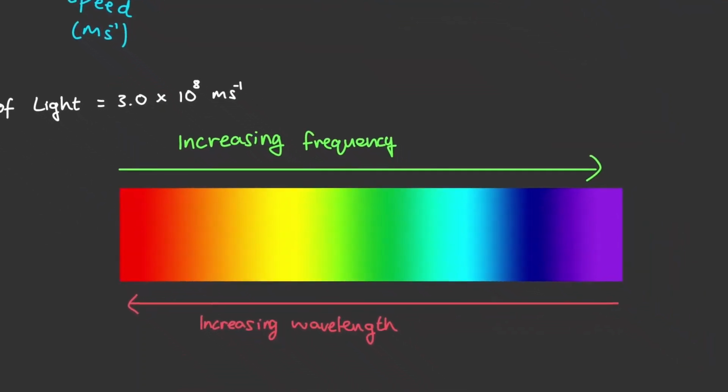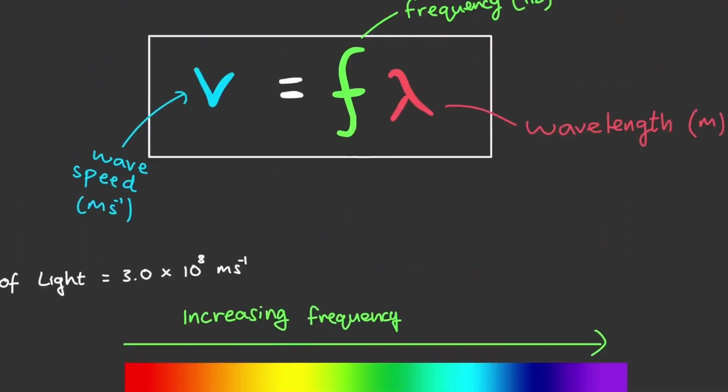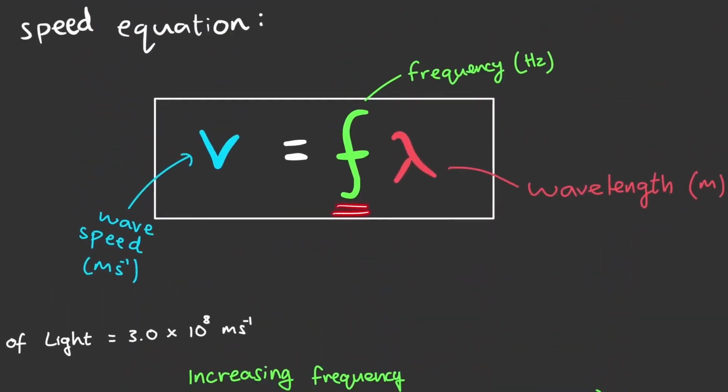So when we look at the visible light spectrum, we can see that as the frequency increases, the wavelength decreases. And vice versa, where red has the largest wavelength, yet the smallest frequency, and violet has the smallest wavelength, but the largest frequency. So we know that frequency and wavelength are inversely proportional.